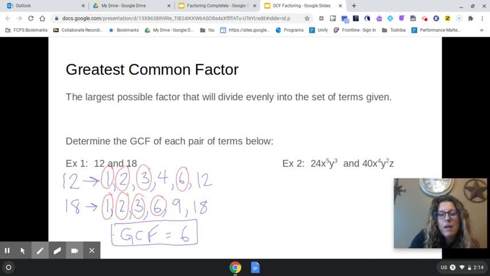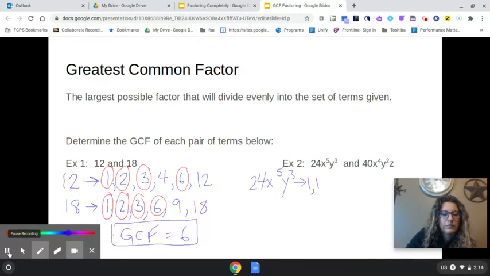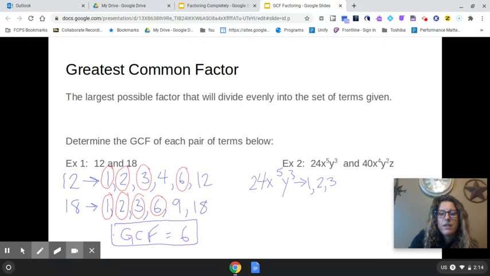Just like before, I'm going to list out all of the factors of each of those. Starting with the first term, the numbers that will divide evenly are 1, 2, 3, 4, 6, 8, 12, and 24.